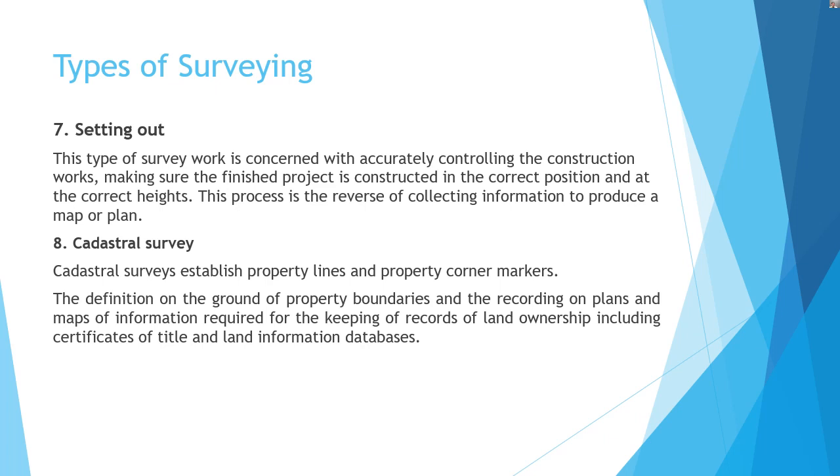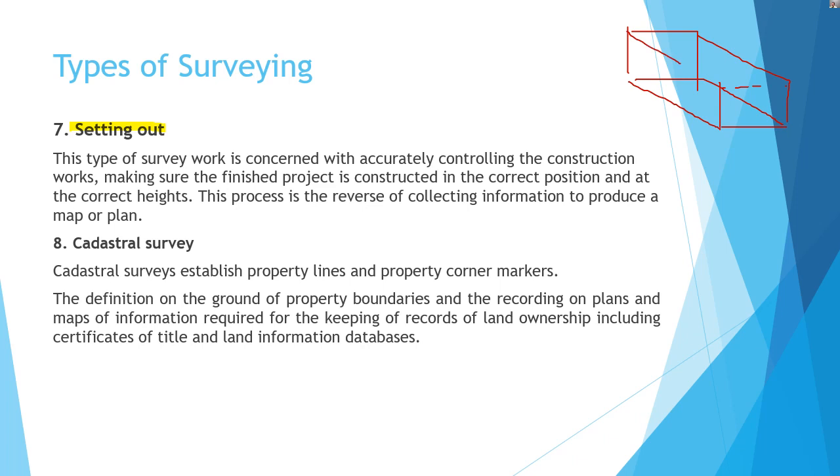The setting out, as we mentioned before. You have a design, and now you want to bring the design to the construction. So you will need to determine the length of the building, the width of the building, for example. You need to know the height of the building, and all of these things you are going to do on site.